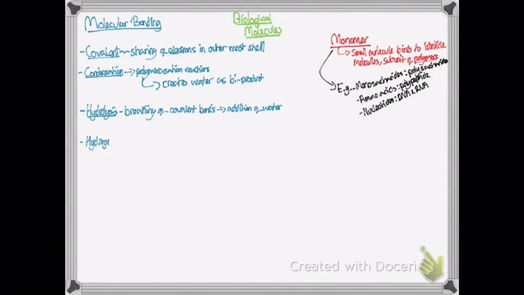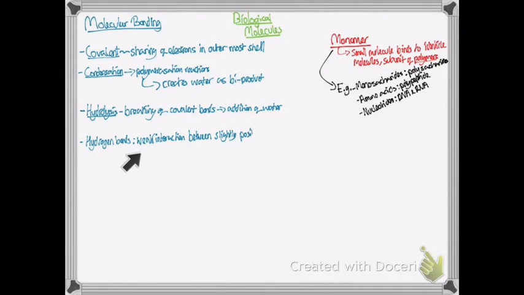Finally, let's have a look at hydrogen bonds, and this video is covering water as well, and it's the fundamental thing in water's function. It's what makes water have the properties it does.